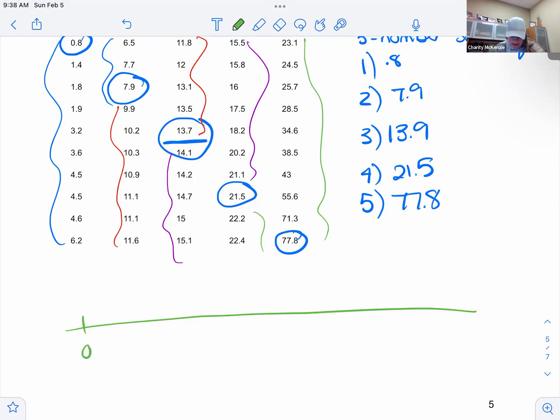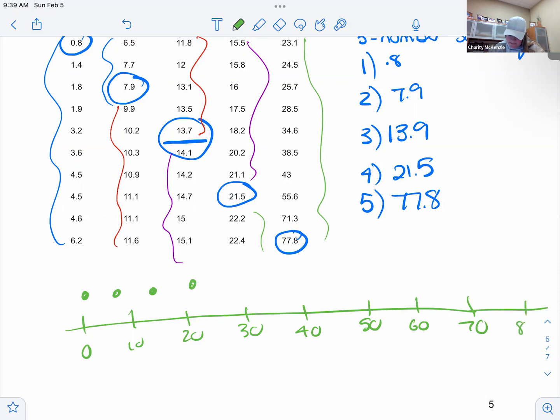So let's go 0, 10, 20, 30, 40, 50, 60, 70. And then we would go 0.8, which is super low, 7.9 about here, 13.9 maybe here, 21, a little over 20, and 77.